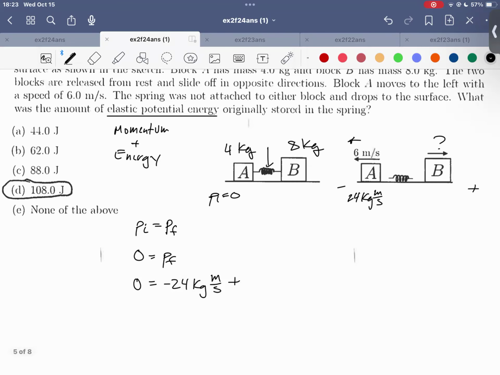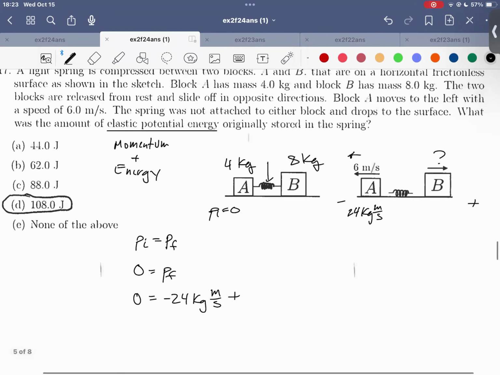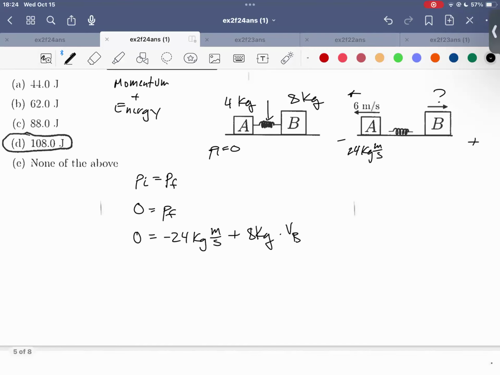So we'll say mass B, 8 kg, times velocity of block B. And this gives us 24 kg meters per second is equal to 8 kg velocity B, giving us velocity B moving to the right at 3 meters per second.